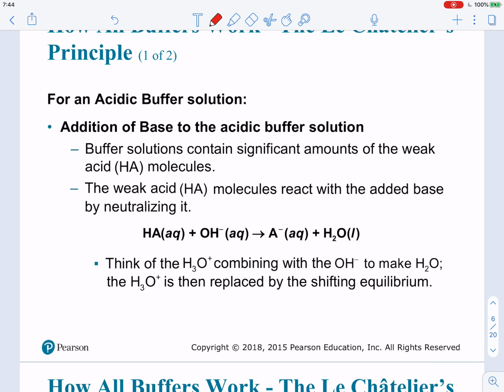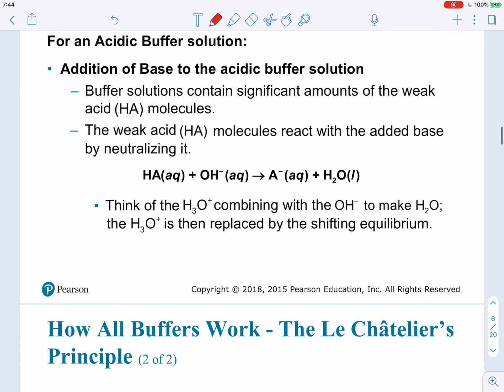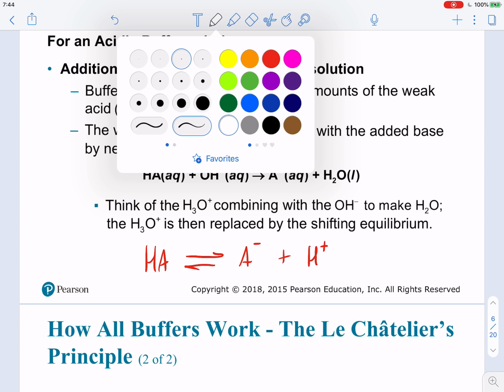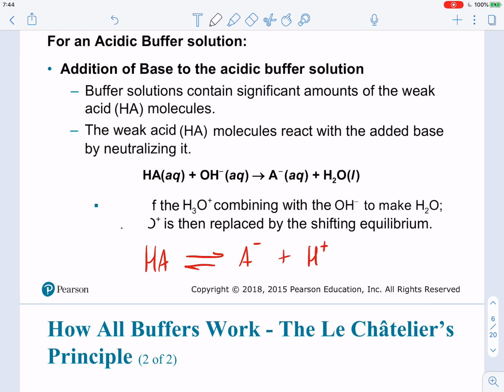And probably, let's use this equation. HA goes to H plus and A minus, right? So what happens to this reaction, let's erase this for a moment.